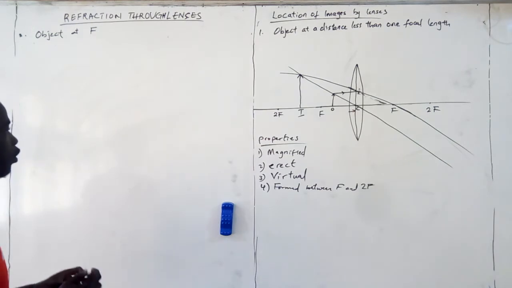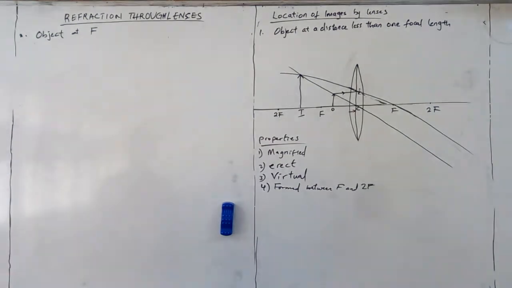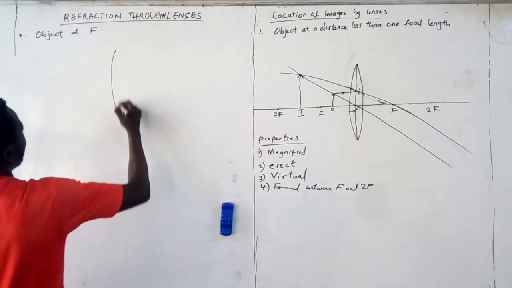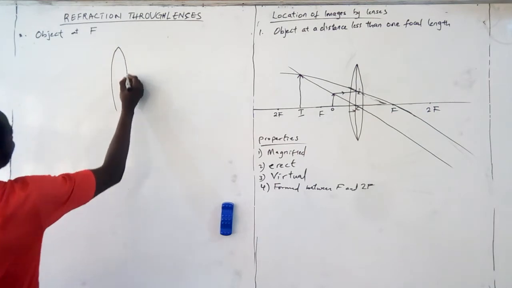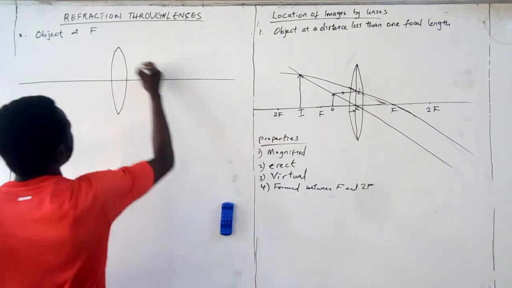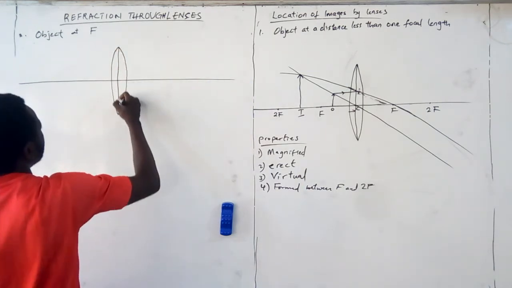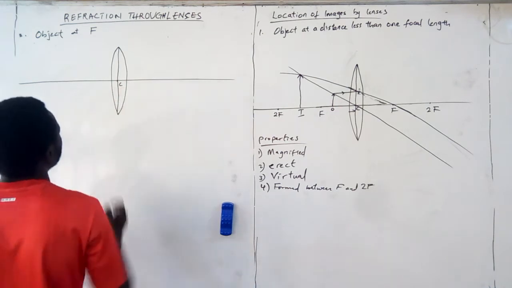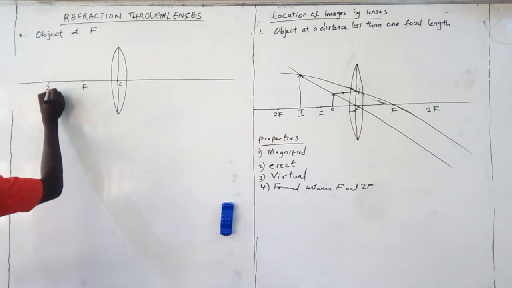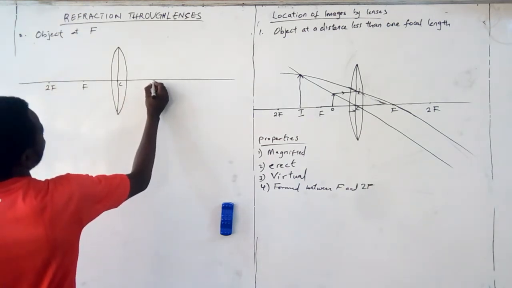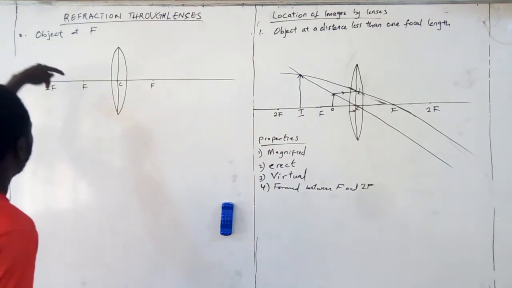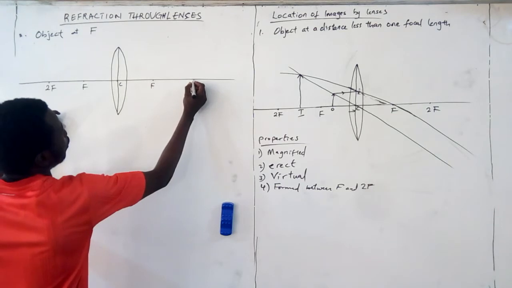Now the next is we look at object at F. So draw a convex lens. Then this is your principal axis. Now, we have F, we have 2F, we have F. So the distance between C and F is the same as the distance between F and 2F.